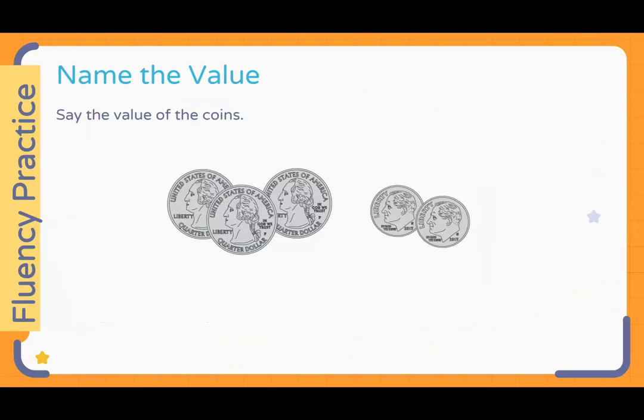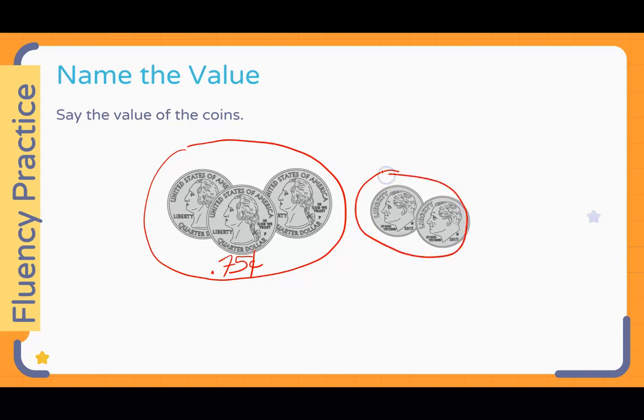Next, say the value of the coins. How much do I have total here? 75 cents. How much do I have total here? 20 cents. Okay. 75 and 20. I can split this up into the tens.